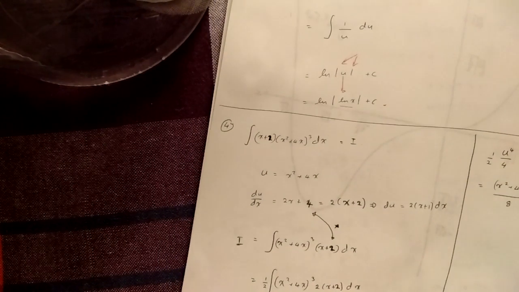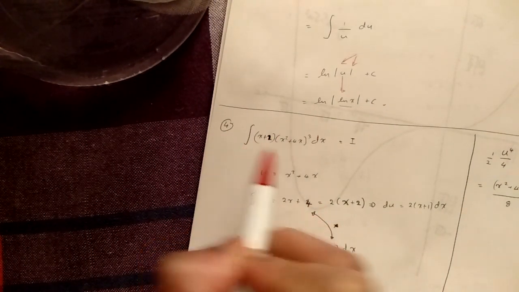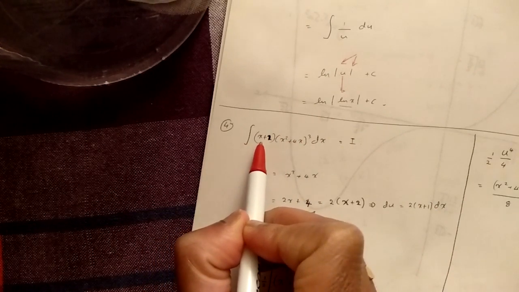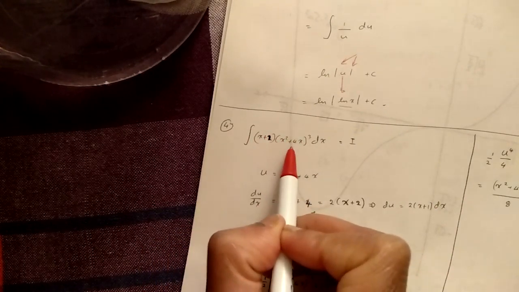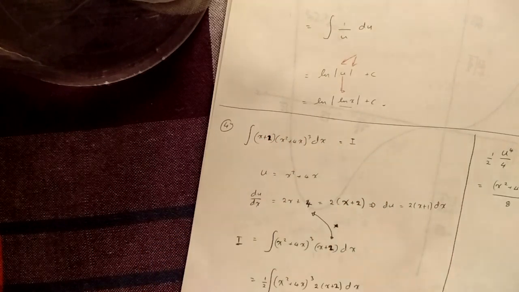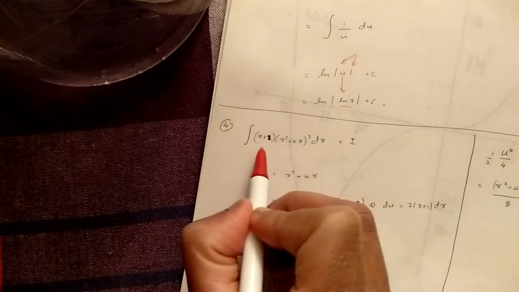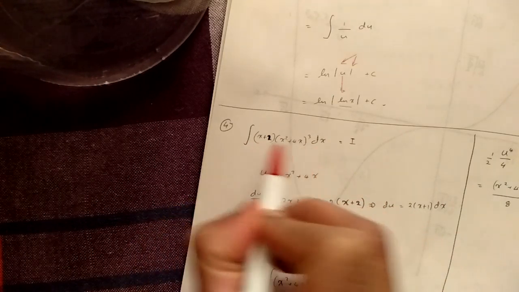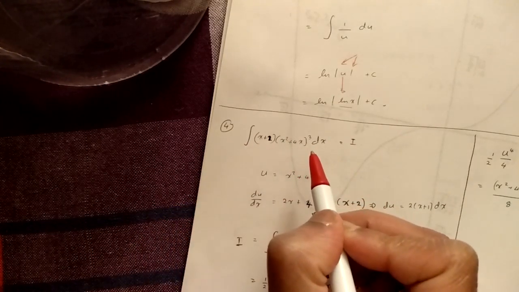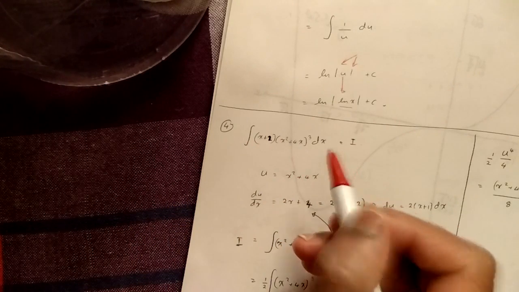Okay, then let's move to the next question, which is the integral of x plus 2 times x squared plus 4x to the third power. At the very first sight, this might look a bit complicated, but it is not.